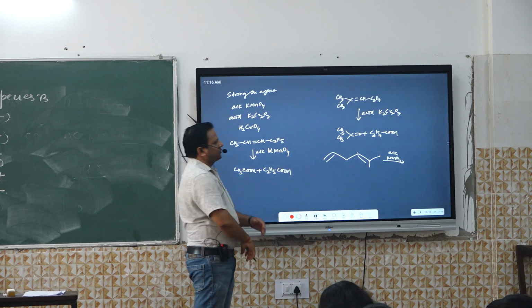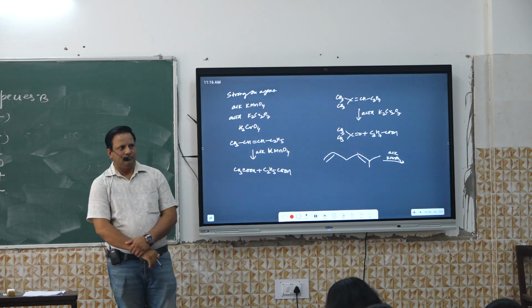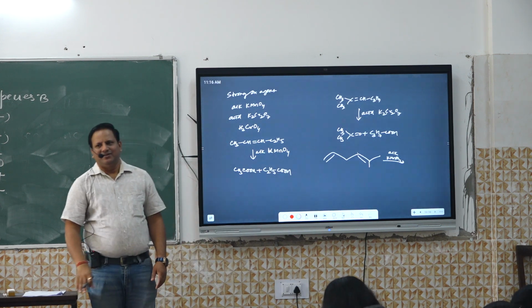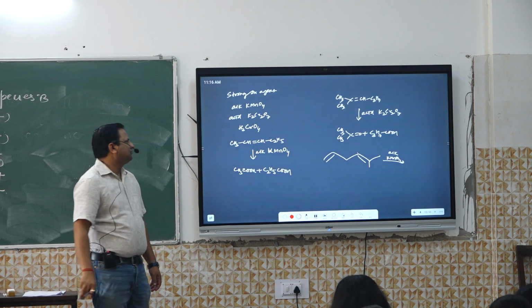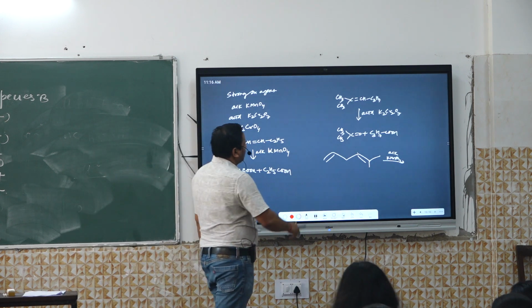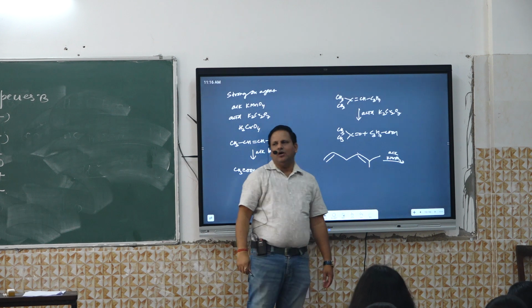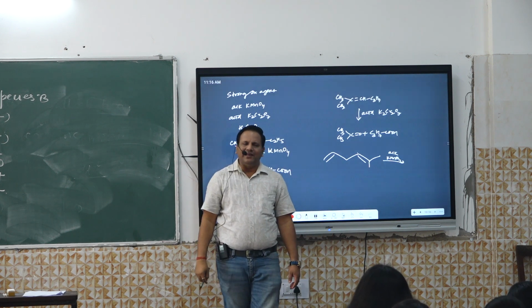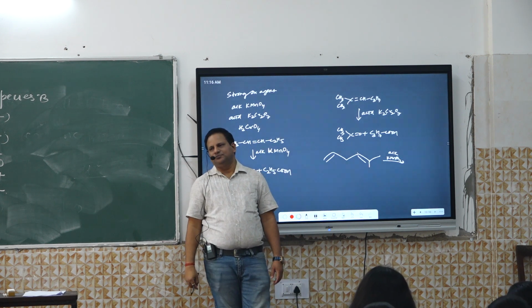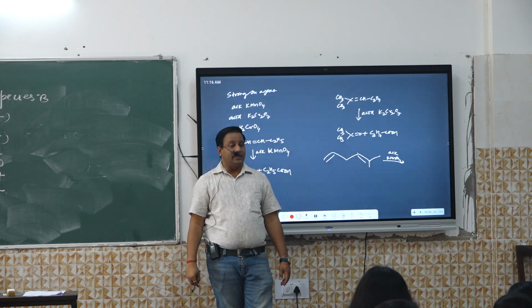So write down the products. This is one of the terminal alkenes. So upon oxidation, the terminal alkene will be converted to carbon dioxide.